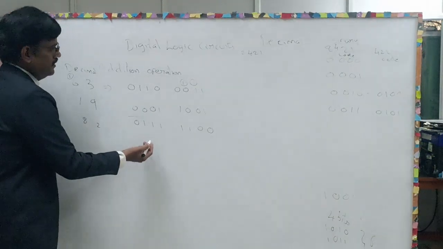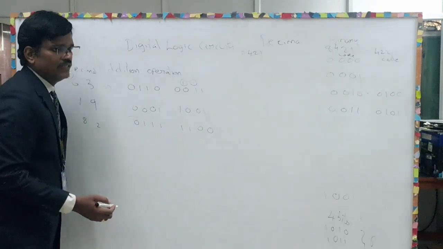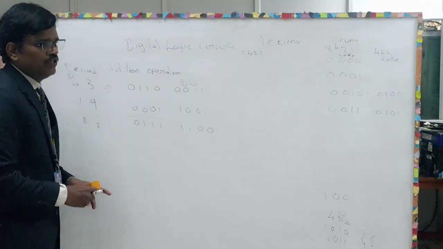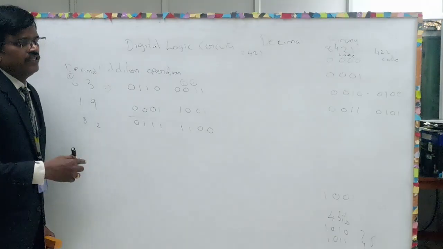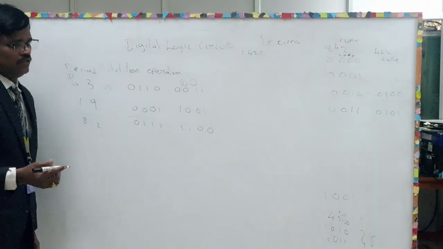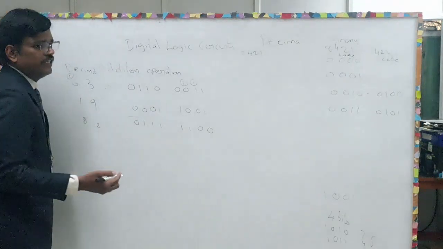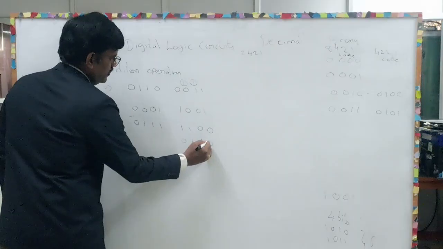Whereas for us it is available like this, because in BCD these are unused combinations. So, this is an unused combination, and we need to convert it into a usable combination. Whenever we have an unused combination, we are supposed to add 6 to it.